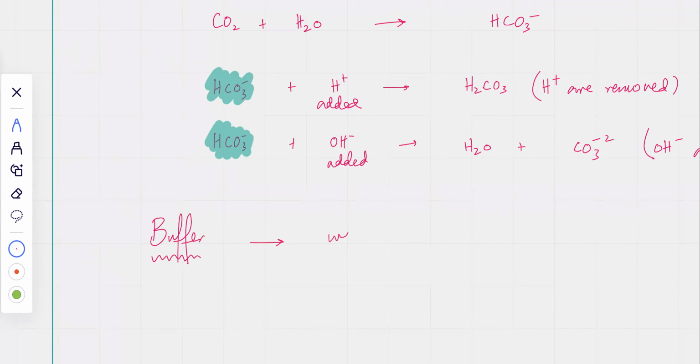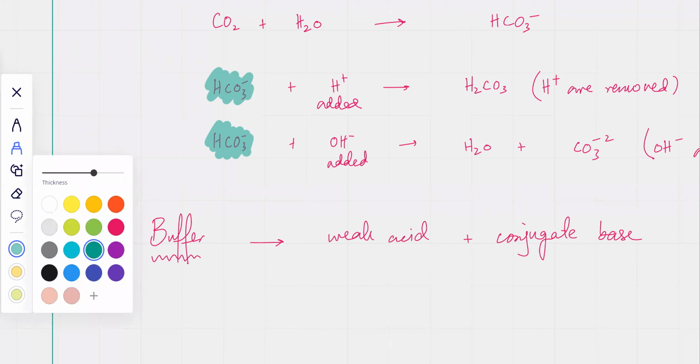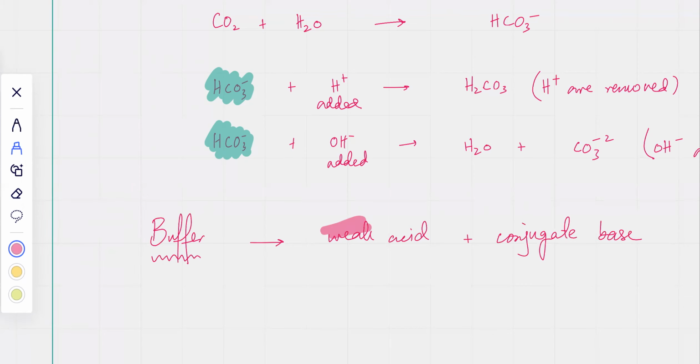For a buffer, you need a weak acid plus its conjugate base. So that is how buffers are going to be formed.